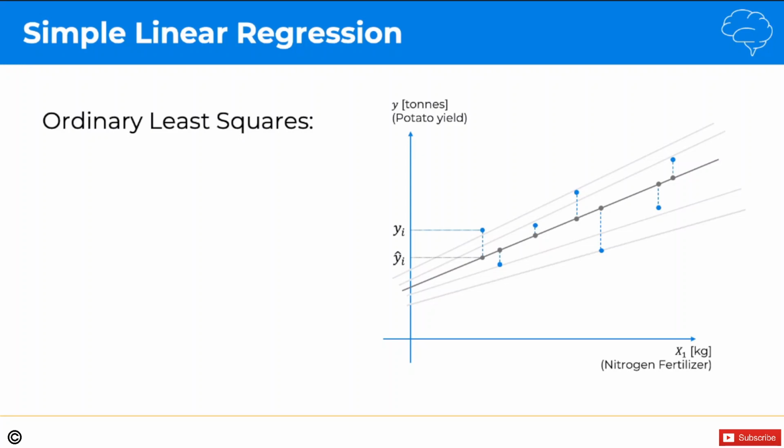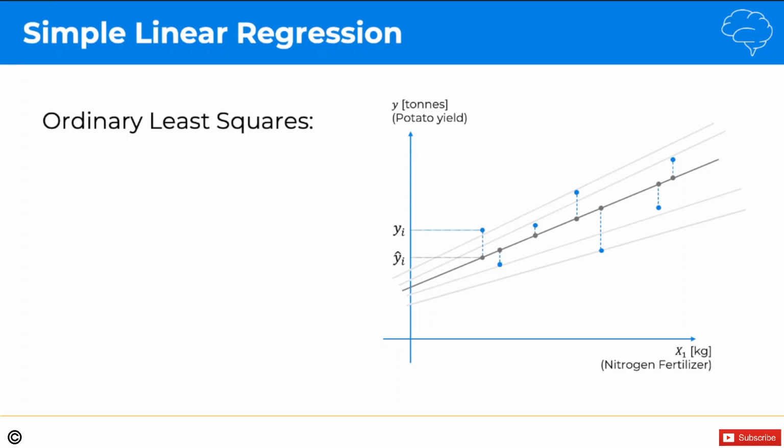Yi hat, on the other hand, is what the linear regression that we're considering predicts the yield to be, or would have been. So in this case, let's say again, 15 kilograms of nitrogen were used, but the linear regression that we're looking at predicts that only 1.5 tons of potatoes would have been yielded from the farm.